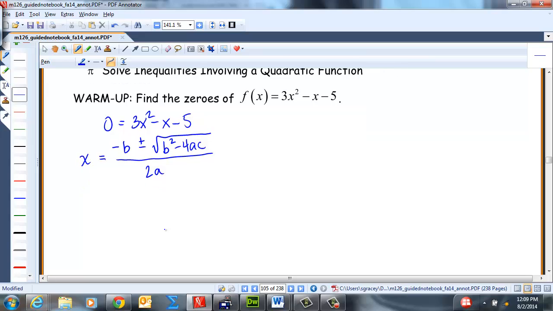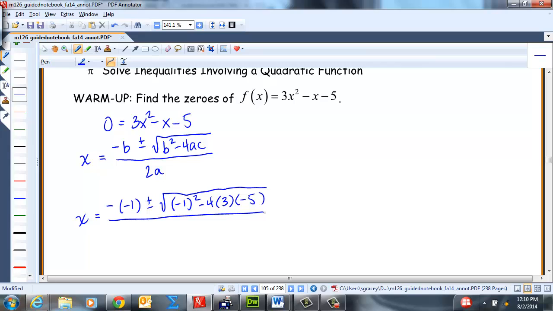So a is 3, b is -1, and c is -5. We'll have x is equal to the opposite of -1 plus or minus the square root of (-1) squared minus 4 times 3 times -5, all over 2 times 3.